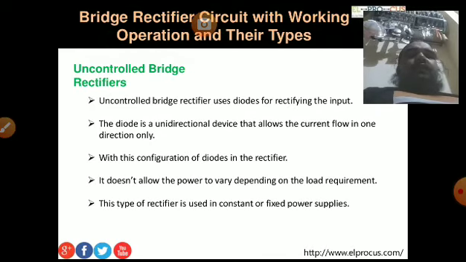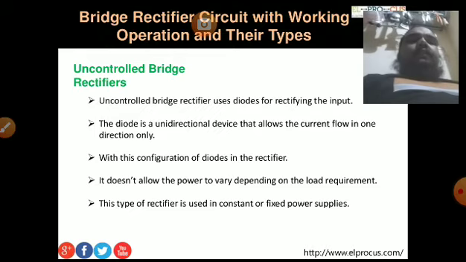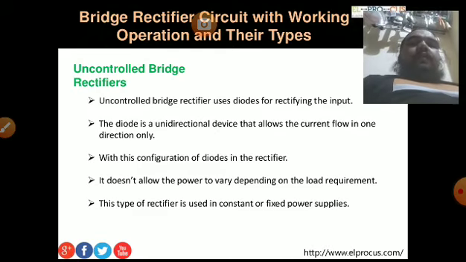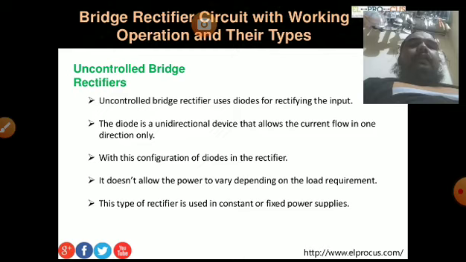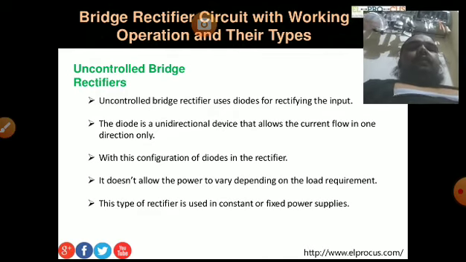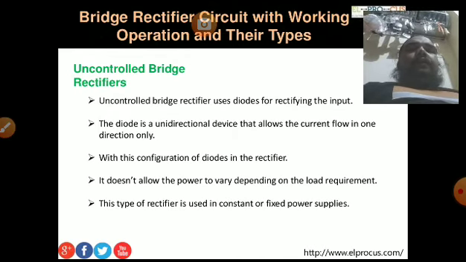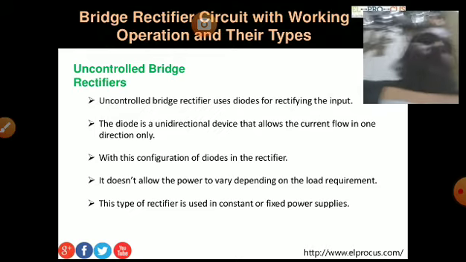First, uncontrolled bridge rectifiers use diodes for rectification of the input. For example, if we give an AC input voltage, the diode converts it to DC voltage. The diode is a unidirectional device that allows the current to flow in one direction only.